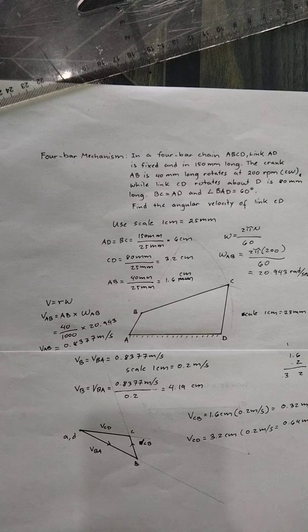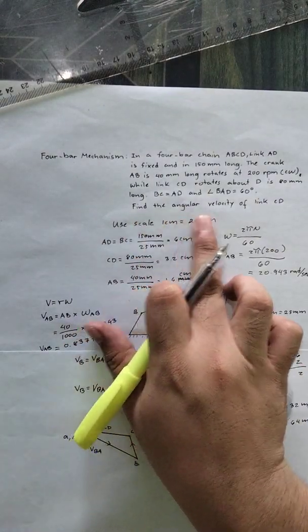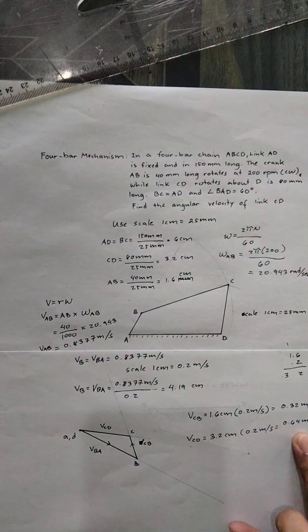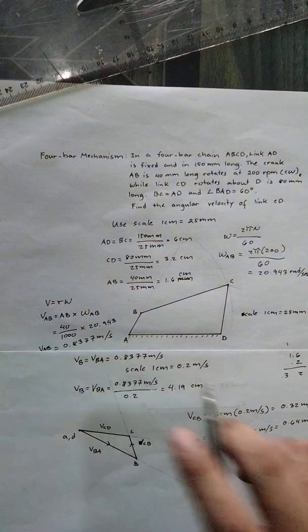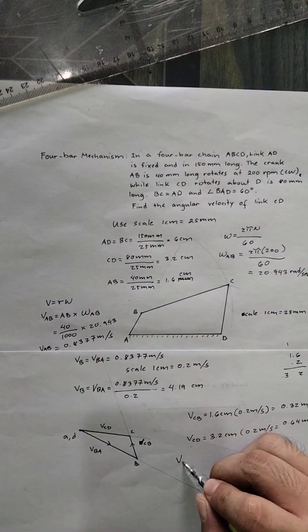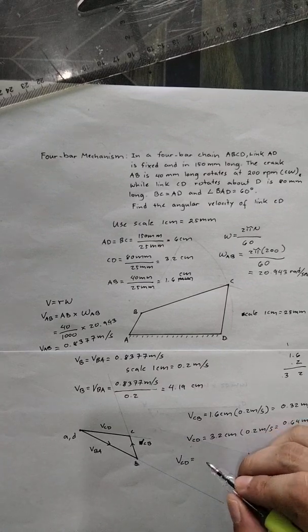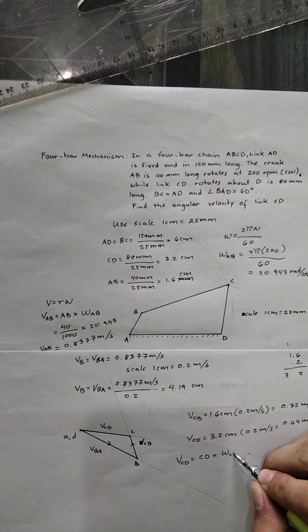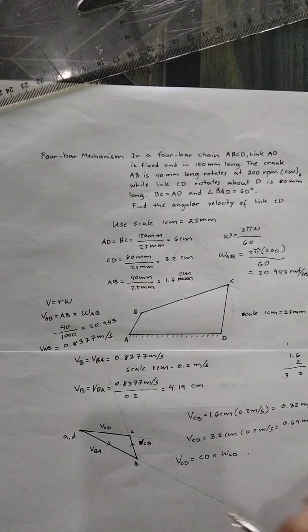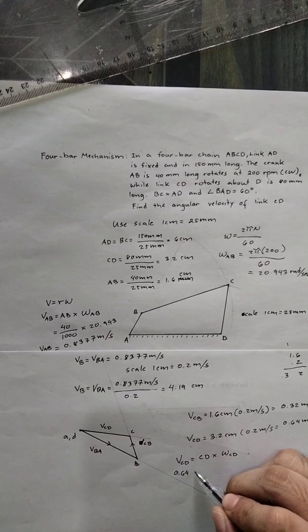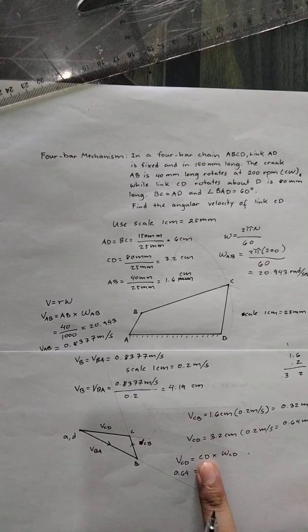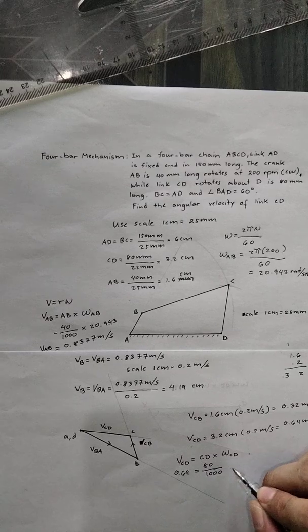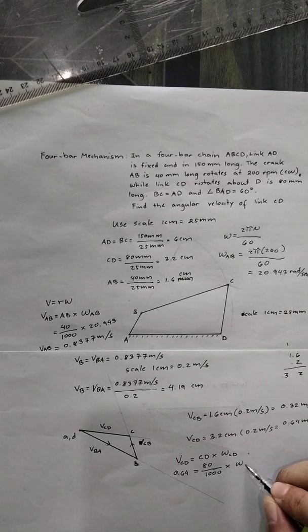But the problem asked you to find the angular velocity of link CD. So what we got is only a linear velocity. So therefore, using the relationship, the linear velocity of link CD is equal to length CD multiplied by its angular velocity, which is 0.64 equal to, the length of CD is 80, 80 divided by 1,000, times ωCD.